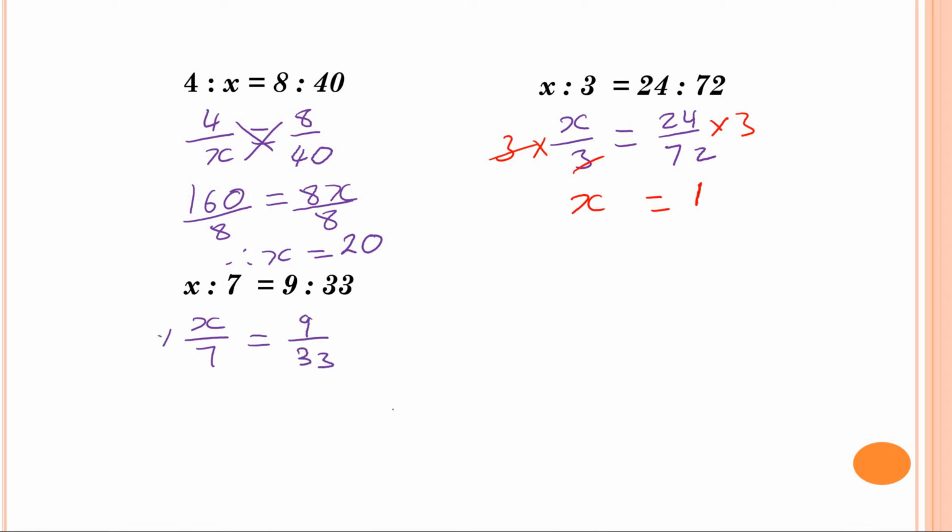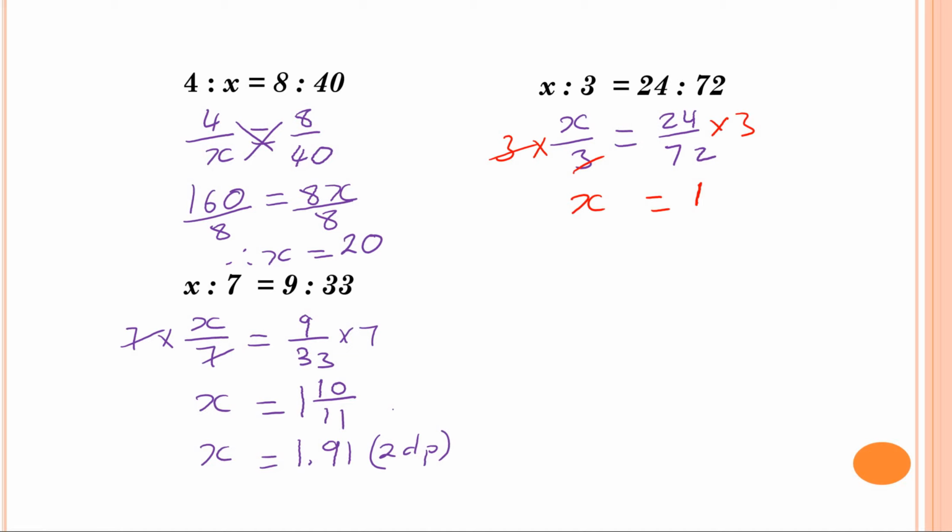So I times by 7 on this side, this cancels out, so therefore x equals, I put in calculator, I get 1 and 10 over 11, or it can be written in decimal 1.91, correct to 2 decimal places. You see, that's the answer.